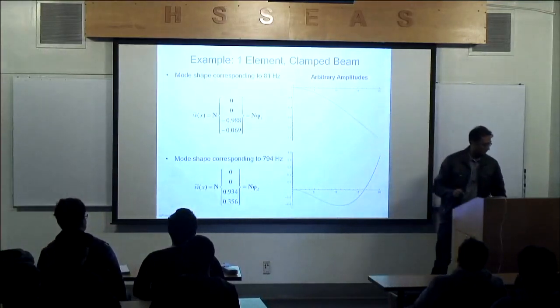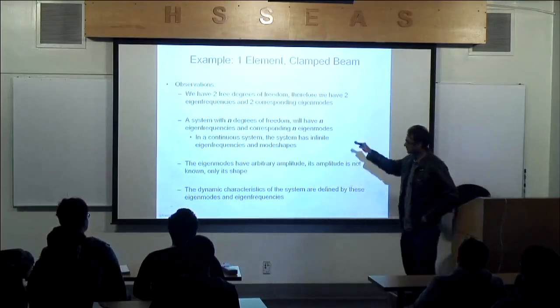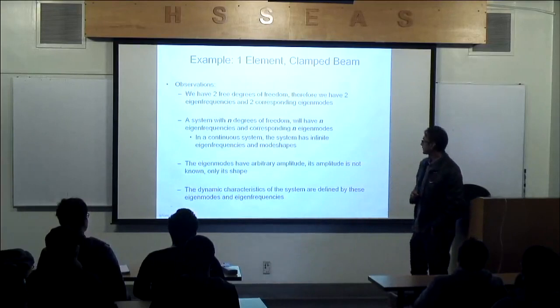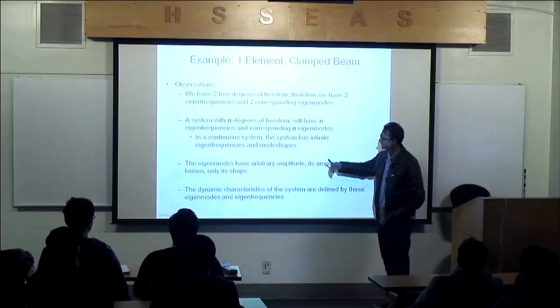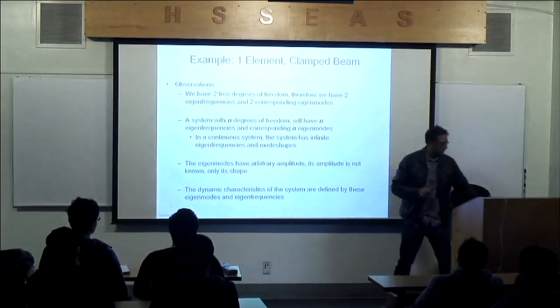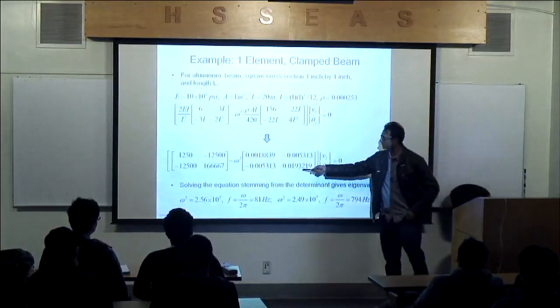Good question. Please stop me if you have any questions, because this is not a very quick subject to go through. Okay. So I want to point out the eigenmodes have arbitrary amplitude. There's no single value of amplitude that makes the left-hand side equal to the right-hand side.